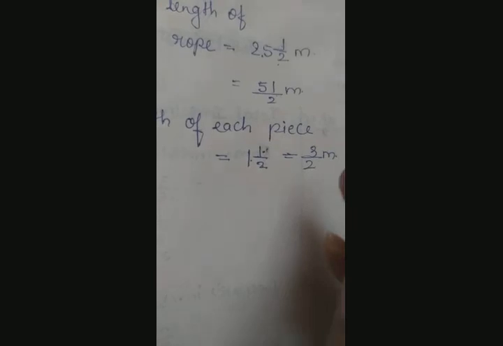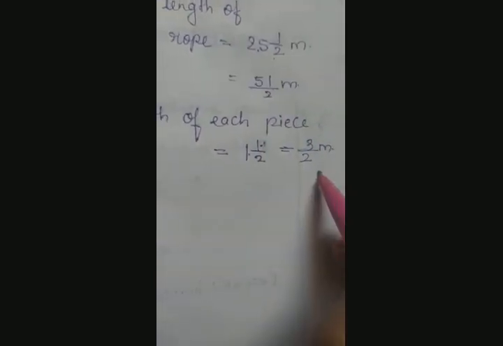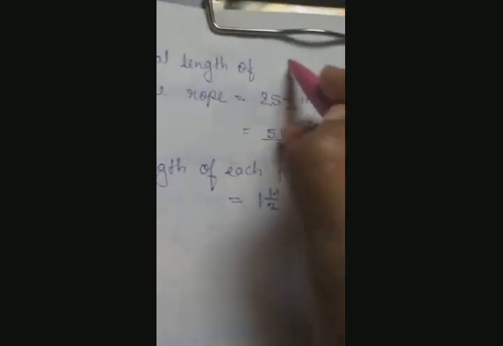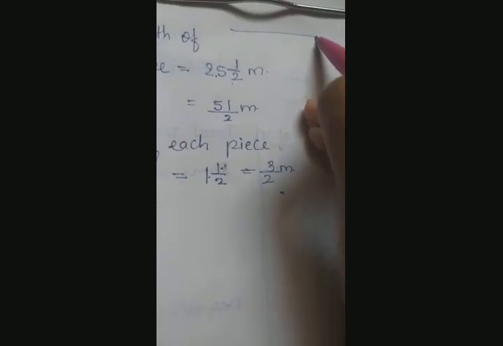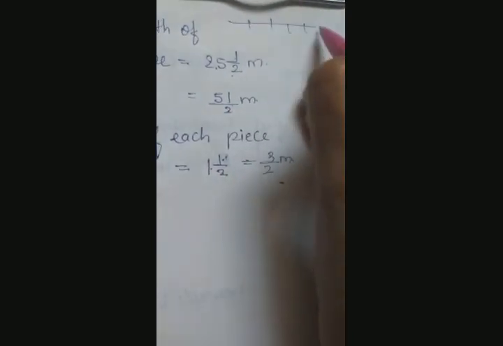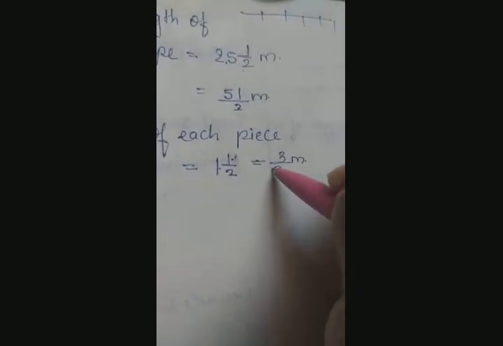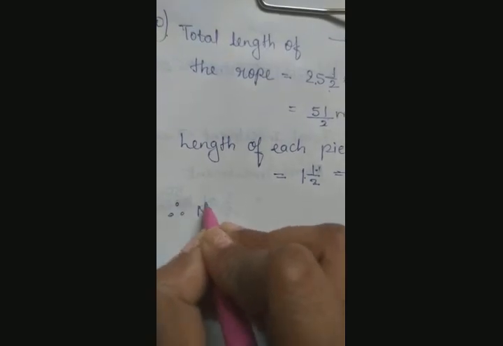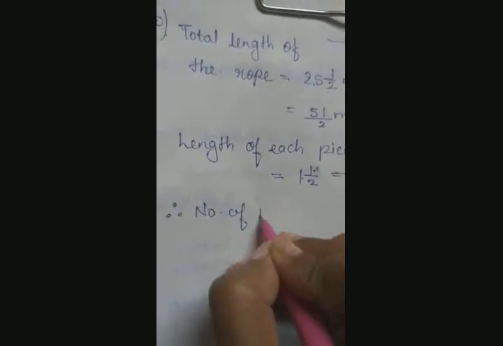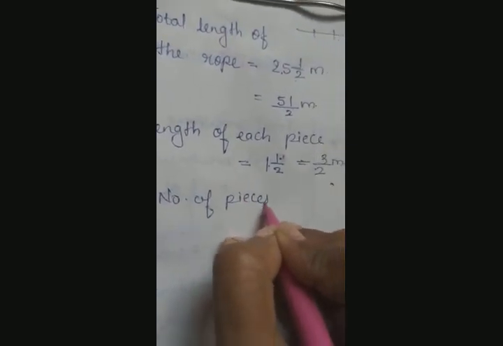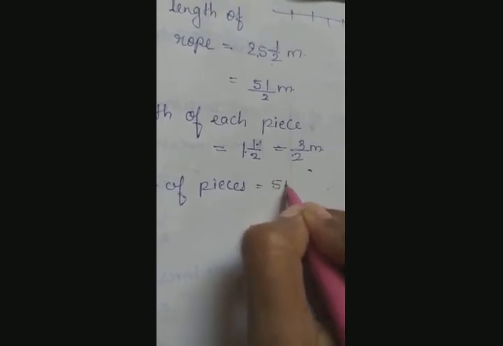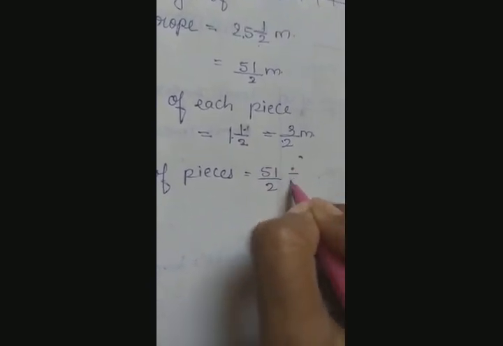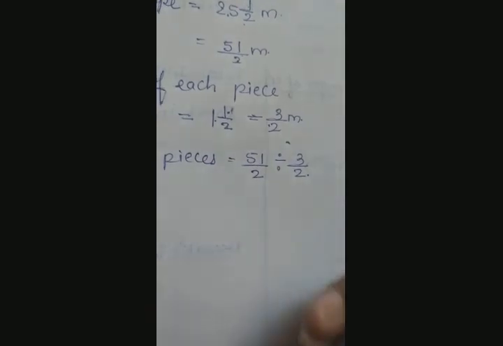Now what we have to do, this divided by this, will get each piece. Like for example, I have this length of rope. Now I have to cut it into how many parts it is going to divide. Okay. So we'll write, therefore number of pieces is equal to 51 by 2 divided by 3 by 2.